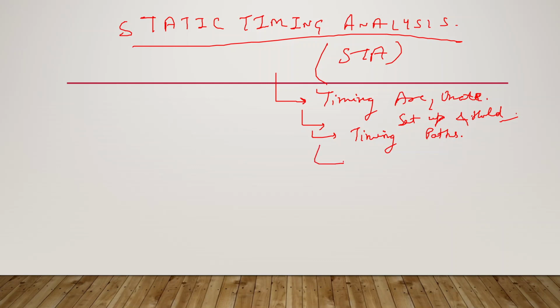Then we will also see how we are calculating the delay. If we see the .lib file, we can see that delay characterization is there in the .lib. So we can find out the delay of any circuit, and we can find the output transition also. So these things I'm going to discuss. Everything related with the STA is going to be covered in this course.